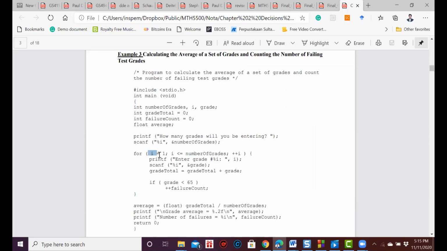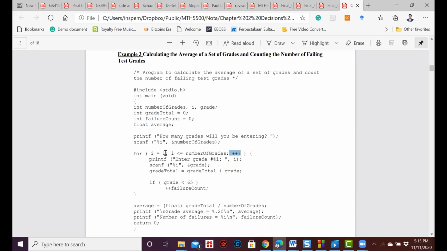The first one is the initial value. The second one is the stopping condition for the for looping, and the third expression is the update value for the variable i. How do we read the for statement? I explain this one, and later we will discuss further in chapter 3.